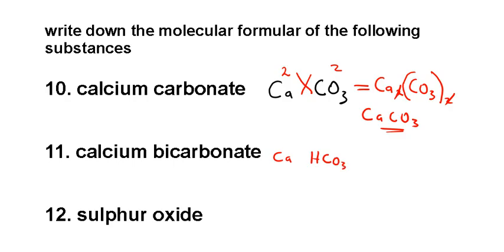So let us exchange the valency. Here we have Ca, then HCO3 in brackets with 2. So this becomes the molecular formula for calcium bicarbonate, Ca(HCO3)2.